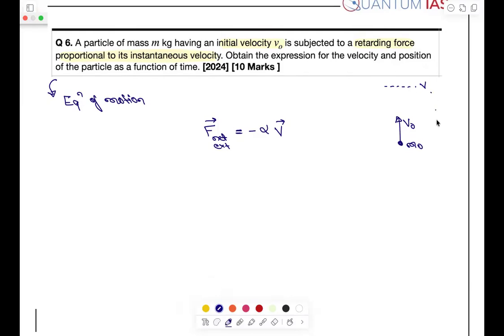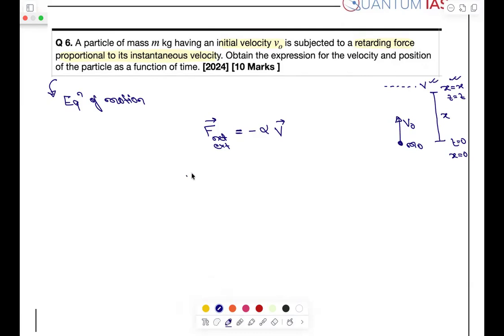It will also attain some position x. There will be some time, so t equals 0 where it is projected from x equals 0, and here x is equal to x and t is equal to t. We have to find v and we have to find x. It's very easy, you can do that.